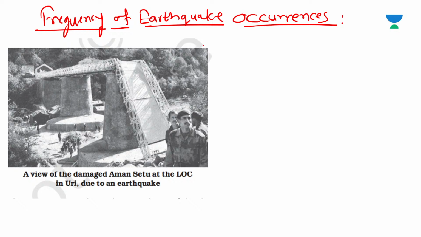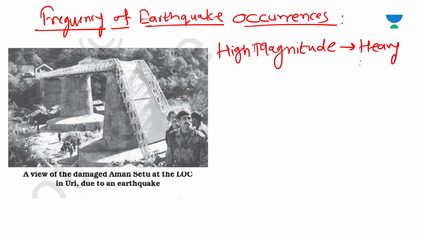If a tremor of high magnitude takes place, it can cause heavy damage. So, this heavy damage to the life and property of people. However, not all the parts of the globe necessarily experience major shocks.